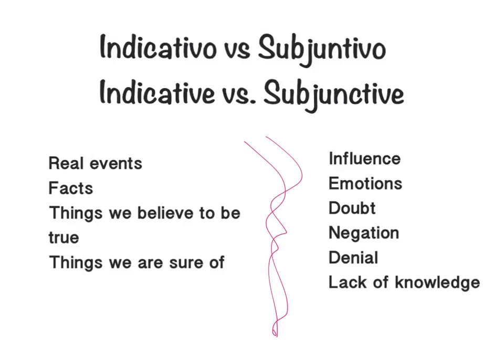When we are expressing emotions, when we have doubts about a fact, an action, a situation, when we're talking about negation, when we're denying something, when there's a lack of knowledge, and we are not really sure that somebody or something really exists. So there are lots of different situations in which we use the subjunctive.